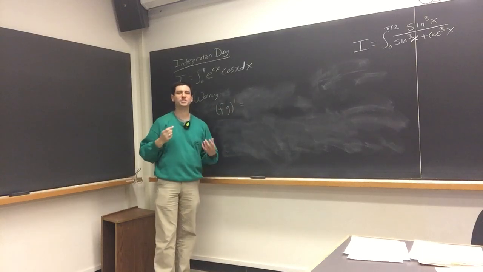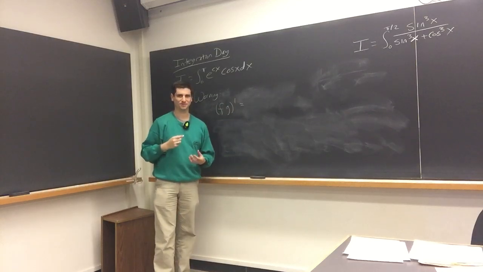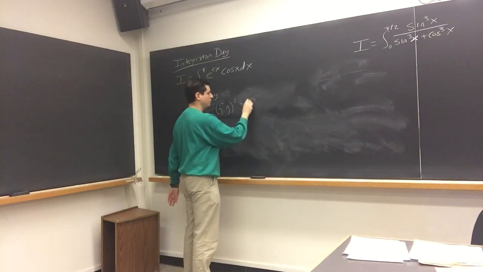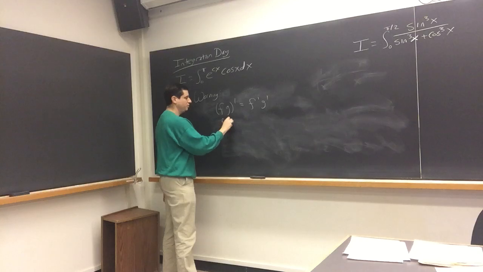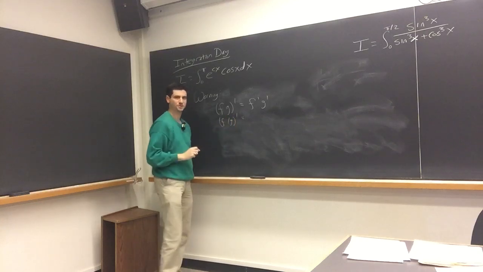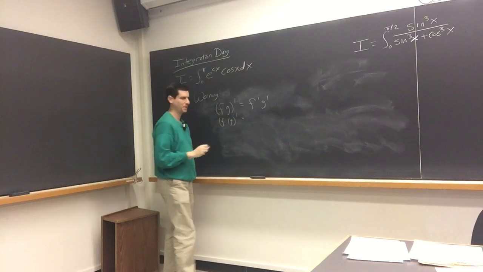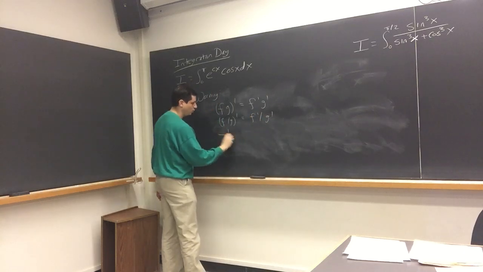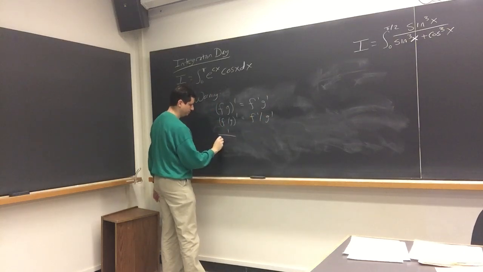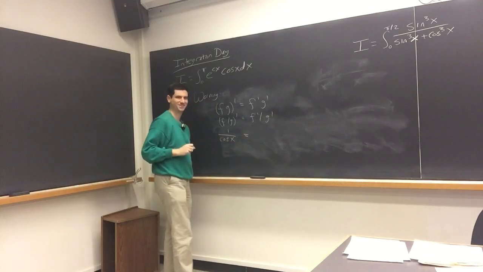Or at least what would your younger selves have chosen? Product of the derivatives, right? If you had a choice, you would have made that choice. What would the derivative of a quotient be if you had a choice? Right. And 1 over cosine of x, what would you choose to call it?